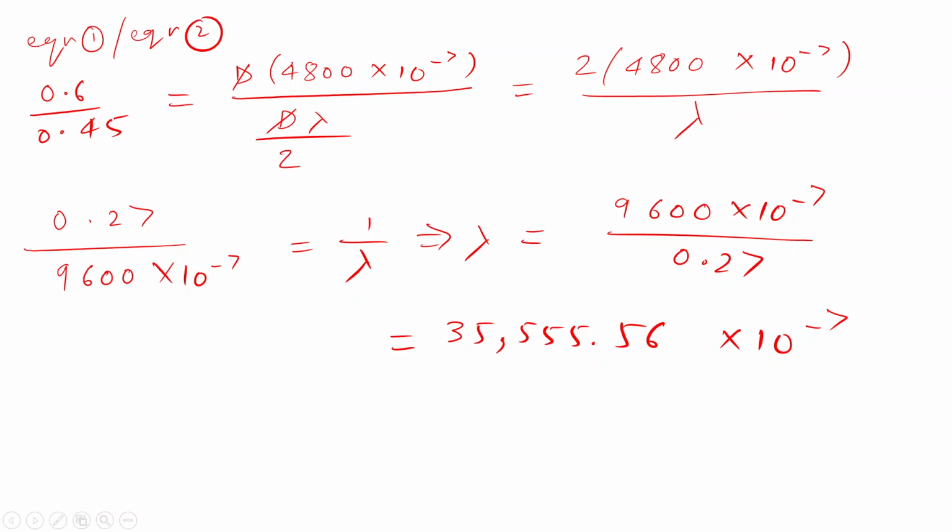This 48 would be 96 and it will come down. This is lambda by 2, it went there and became 2.